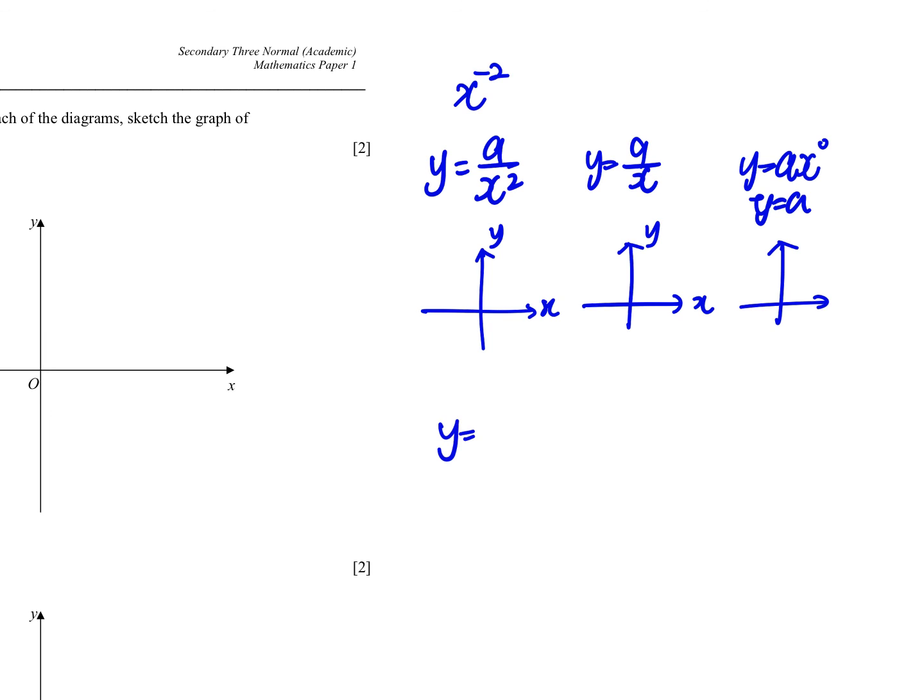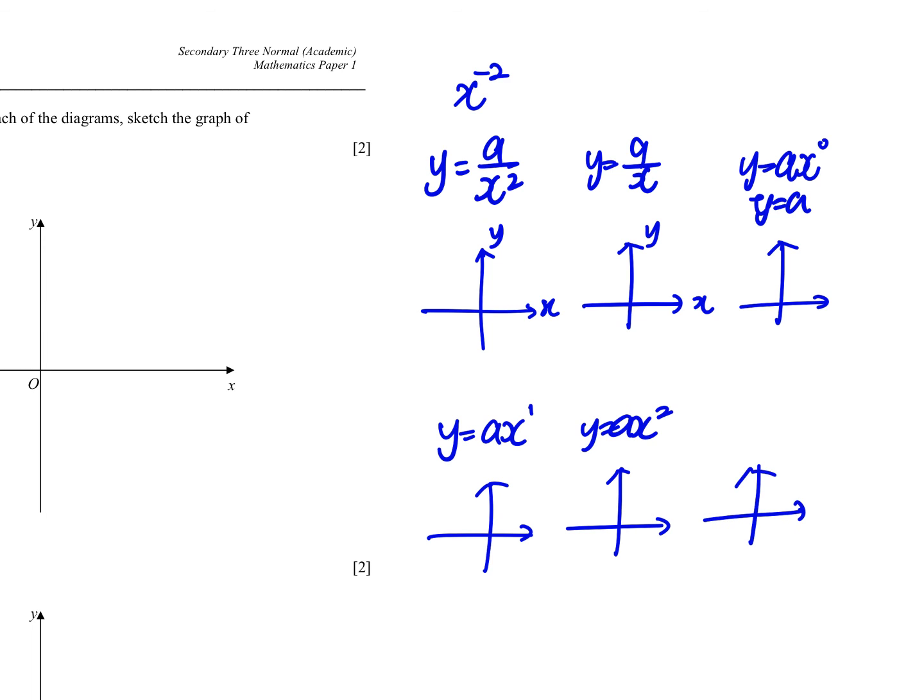Then y equals a x to the power 1. Horizontal, vertical started. y equals a x squared. y equals a x cubed. And y equals a to the power x.